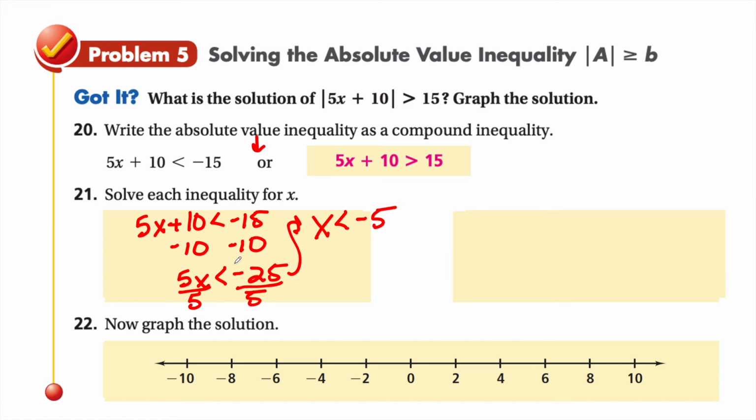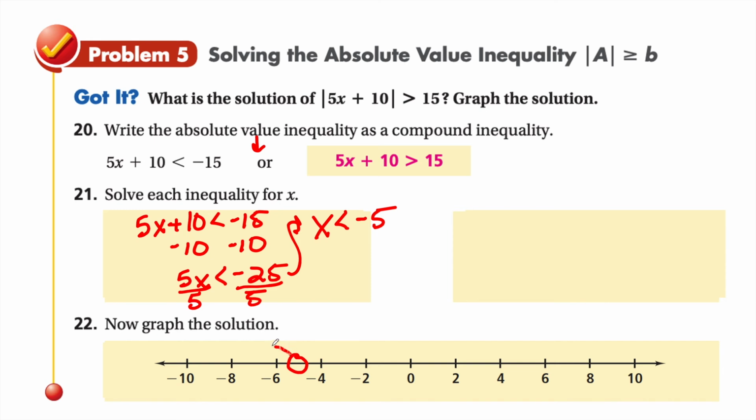Now, again, we're not dividing by a negative number. We're not multiplying by a negative number. We're dividing from a negative number, which means we do not have to worry about changing the signs. But if I wanted to go ahead and immediately plot this on the graph, I can. All right, so x has to be less than -5. So I'm going to go to -5. I'm going to make an open circle because it's less than, and it's not closed because it's not less than or equal to.